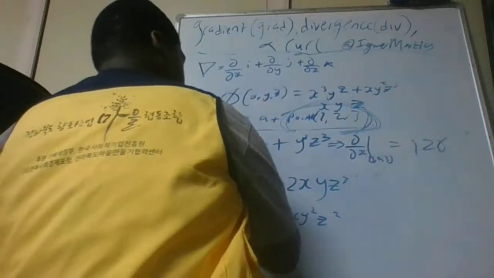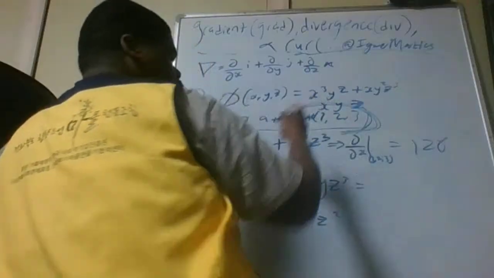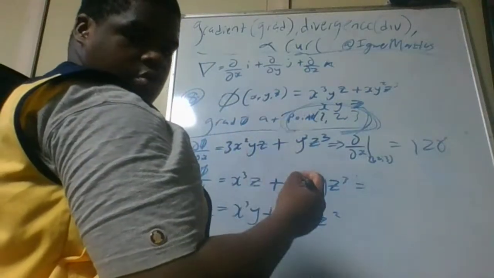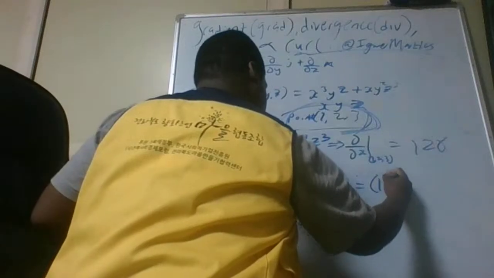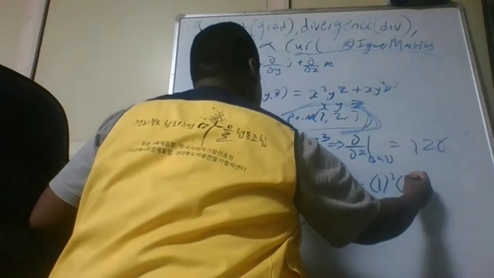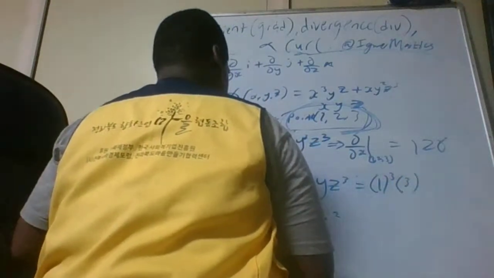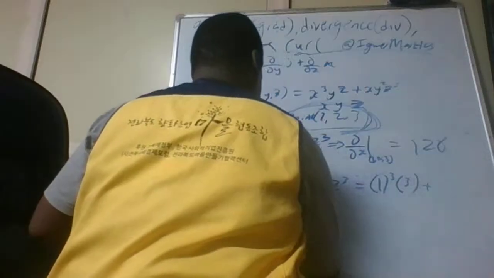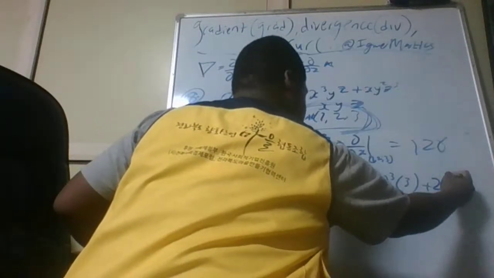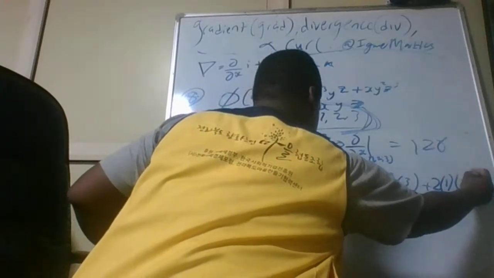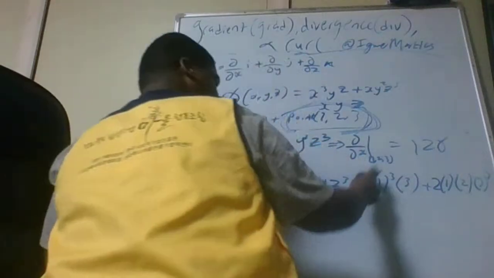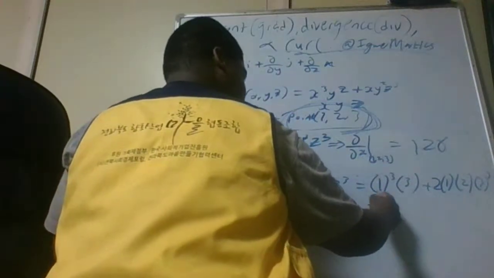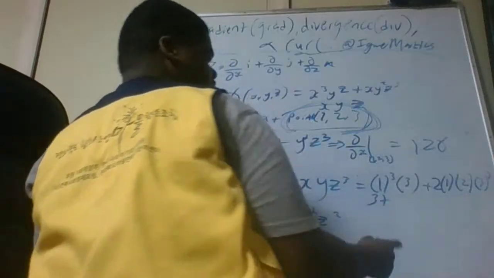Okay. For this one now, if you are plugging in those points, x equals 1, y equals 2, and z equals 3, you are going to have 1 to the power of 3 times 3 plus 2 times 1 times 2 times 3 to the power of 3. So this is 1 times 3 times 3 plus 2 times 4 times 27.